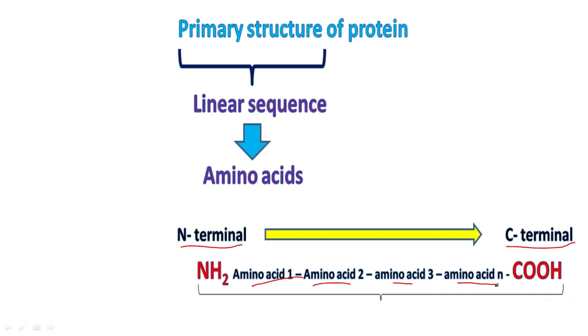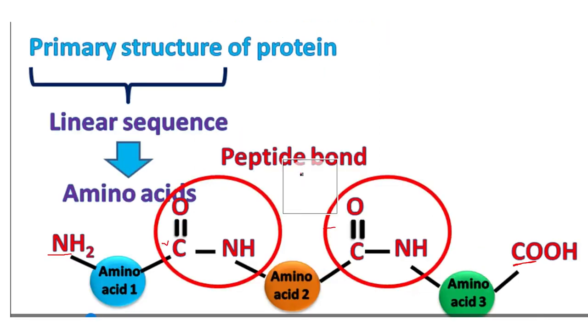There will be one N terminal, NH2, and a C terminal, C double bond OH. What you have to remember is that it's a linear sequence, as we have seen in the previous slide.